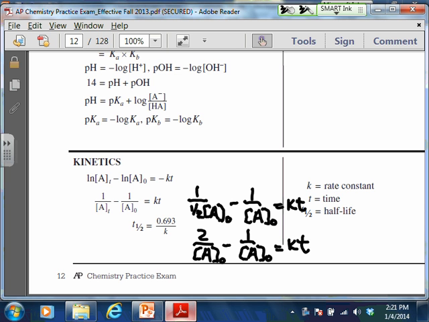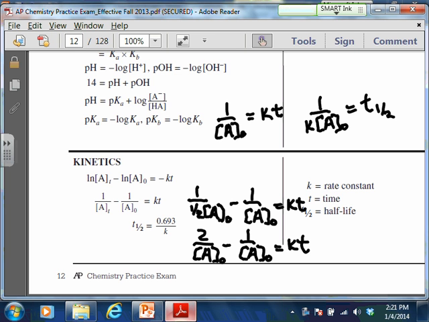So you take the 2 minus 1 and you end up with 1 over A0 is equal to kt. Then if I want to solve for t, I divide both sides by k, so I end up with 1 over k times A0 is equal to t. So if you ever needed to know the half-life equation for second order, you can just rearrange it that way, and that would give it to you.